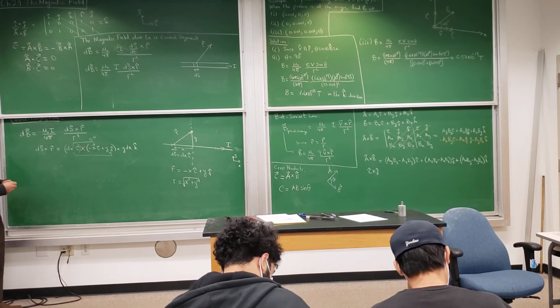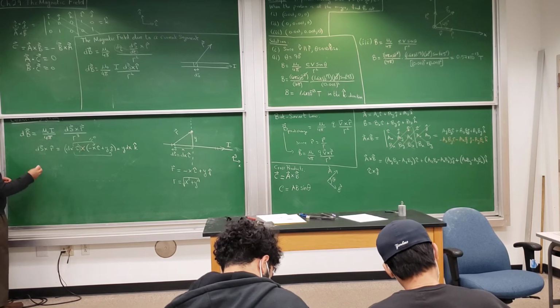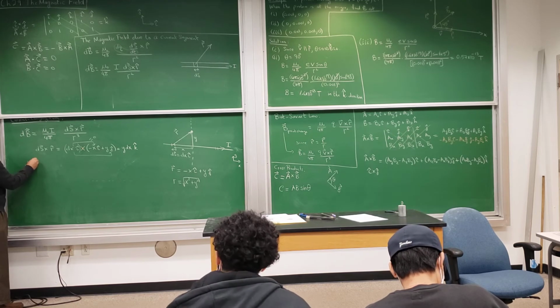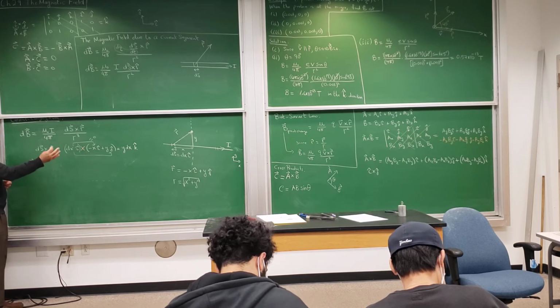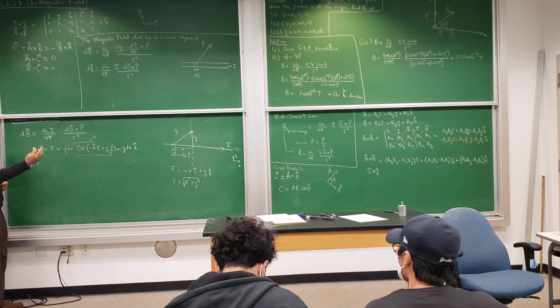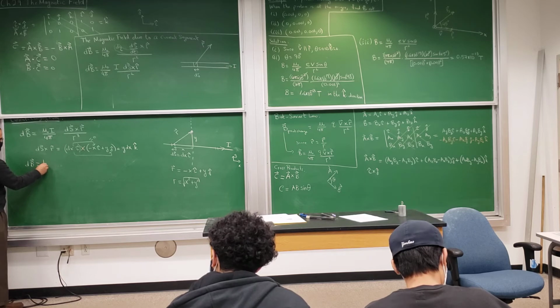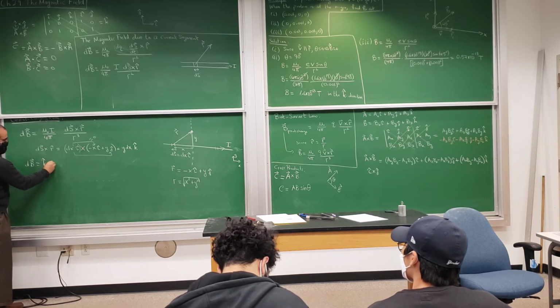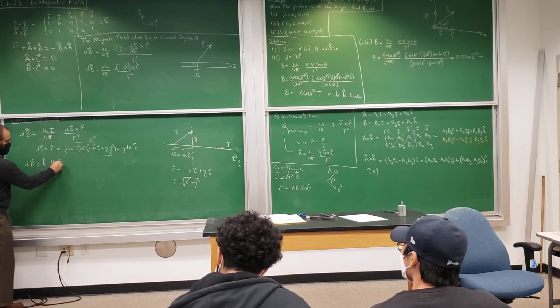Okay, so let's write that down. We get dB is equal to, I'll put the k hat right in front of the equation because it's a constant direction, and then mu naught I over 4 pi.